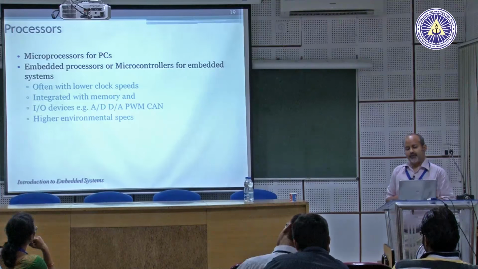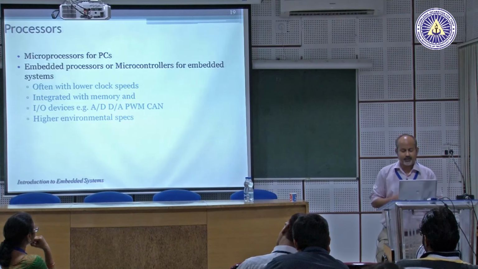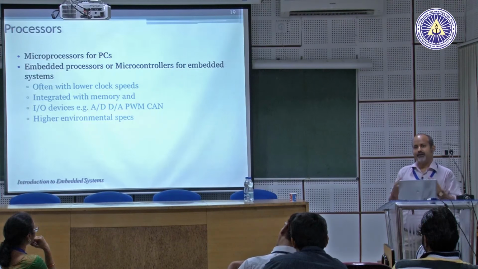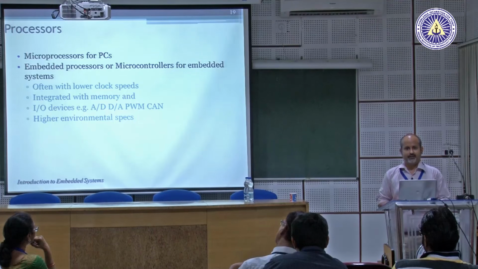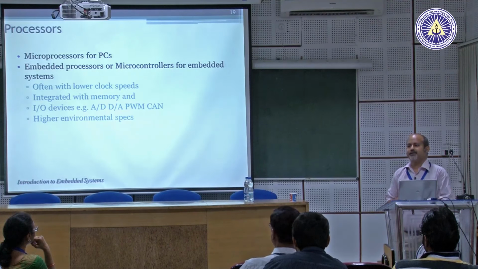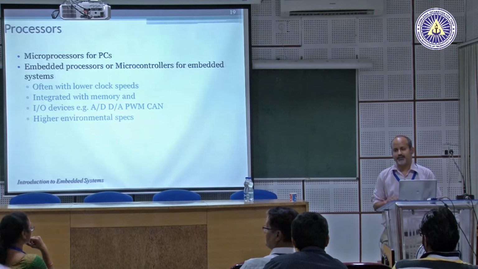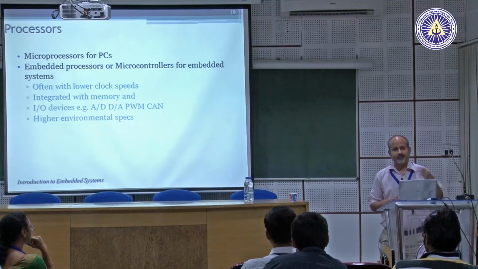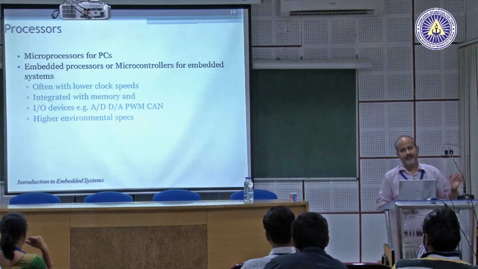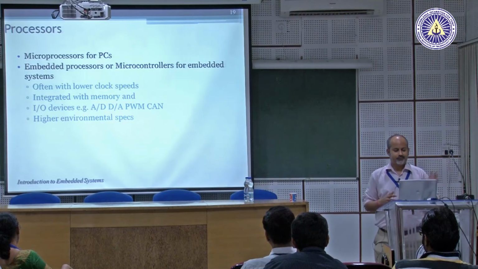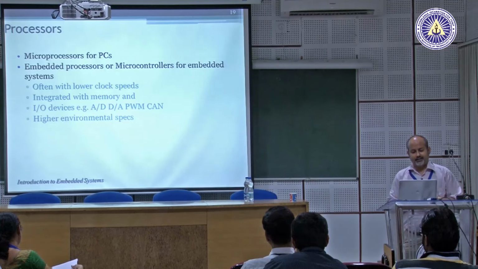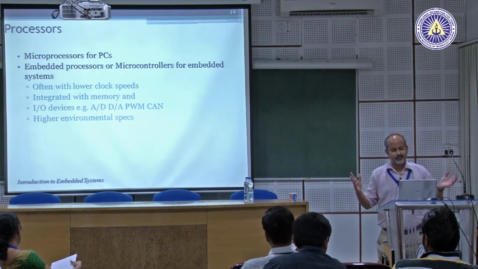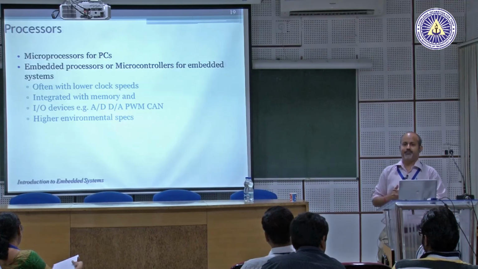Another thing often needed in these processors is that they are built for a higher environmental spec. Oftentimes these embedded systems are placed in pretty rough environments. For example, our substations for our internal grid are at around 50 degrees during summer and around 0 degrees during winter.